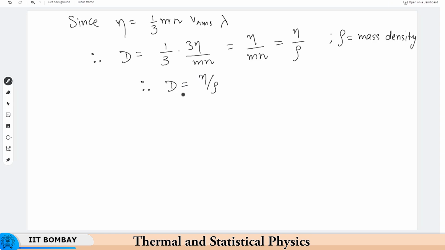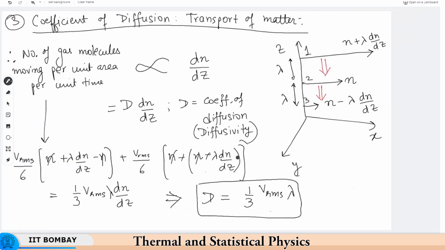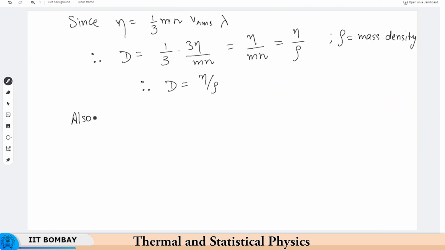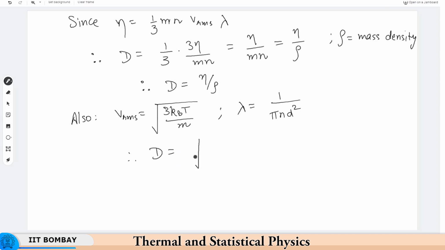And also what we can do is we can again substitute for lambda and V RMS. Since V RMS is the square root of 3 kBT divided by m, and lambda is 1 by pi n d squared, the D basically takes this form. So, if you just substitute that, you will get kBT divided by 3 m n squared pi squared d to the fourth.